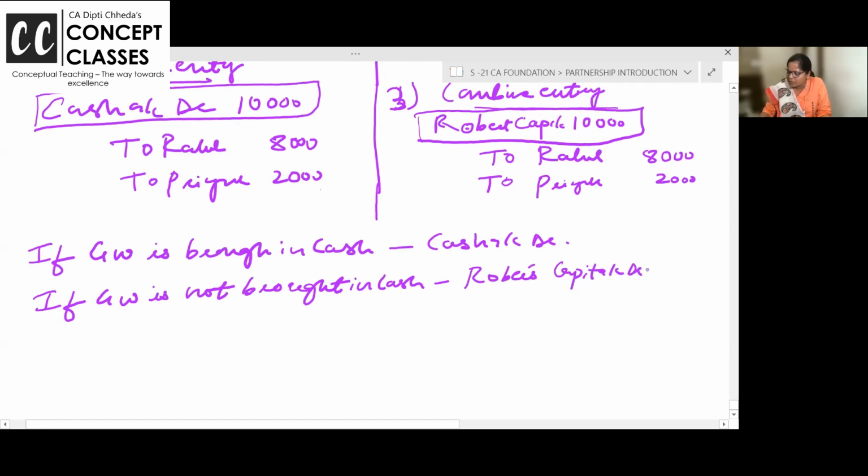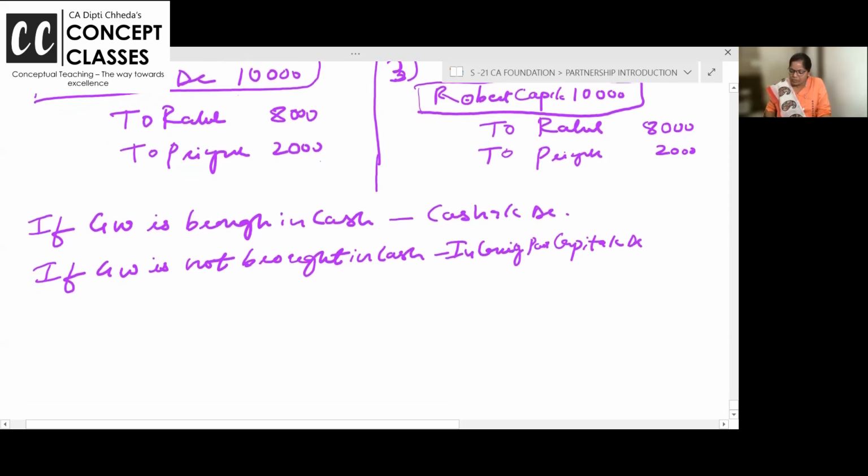What is robot? Incoming partner. नाम क्यों लिखना है किसी का? Incoming partner's capital account debit. If goodwill is brought in cash, cash account debit. If goodwill is not brought in cash, this is it.